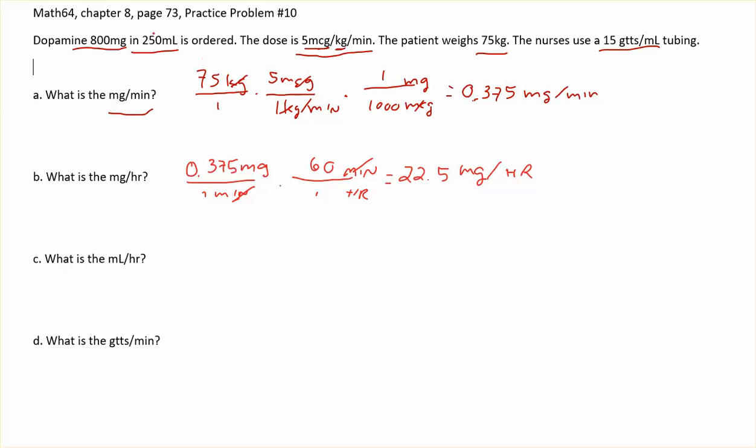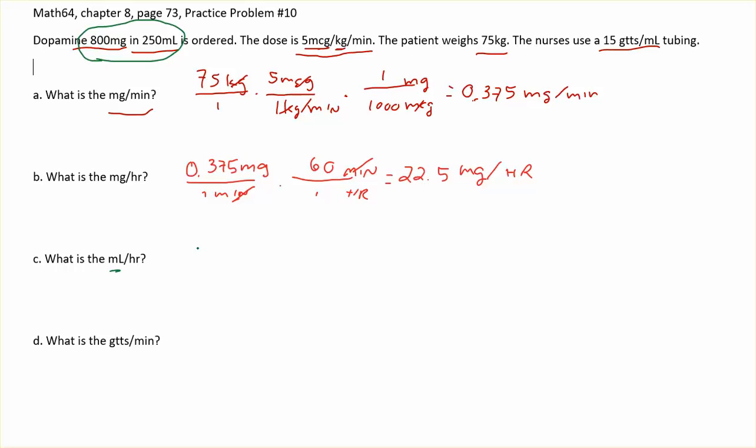On the next one, I'm going to change colors again. They're looking for milliliters per hour. Well, I have milligrams per hour, so I'm going to have to somehow go from milligrams to milliliters. The tool that I'm going to use is right here. It's showing me a relationship between milligrams and milliliters.